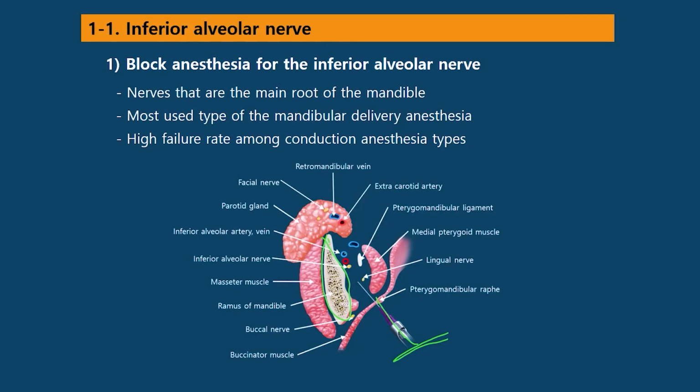Therefore, you need to check whether blood comes out through the aspiration process, and we need to make sure that we don't inject within the vessel. If you poke the muscle wrong, when the injection solution goes in, you feel more resistance. If done wrong, it'll cause significant discomfort to the patient, such as inability to open and close the mouth. Therefore, we need to take precautions in order to avoid such issues.